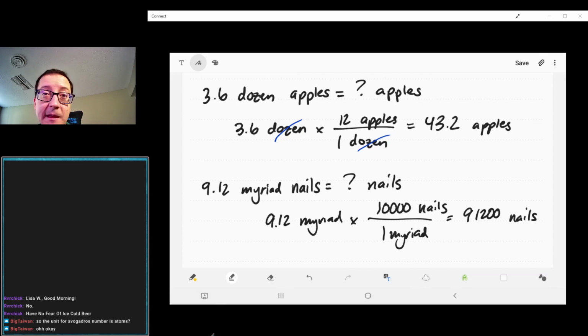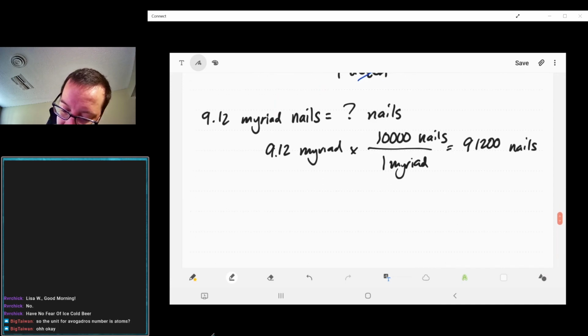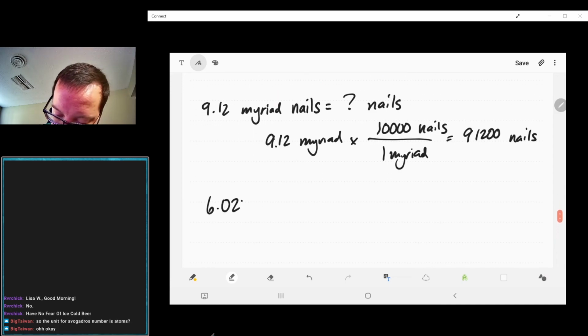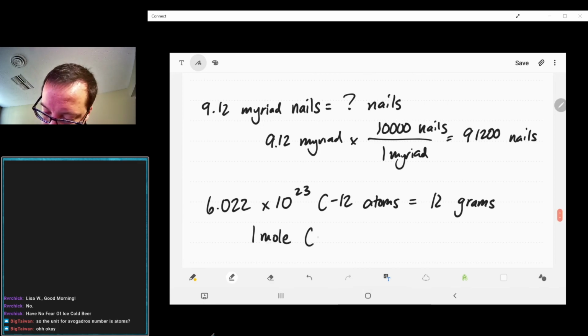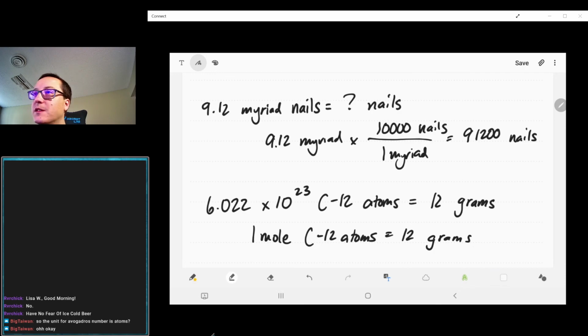We're going to see that the same thing is going to be applied for all of our atoms and that sort of thing. So, if we go back and we say that Avogadro's number of carbon-12 atoms is 12 grams, we can also say that 1 mole of carbon-12 atoms is 12 grams.